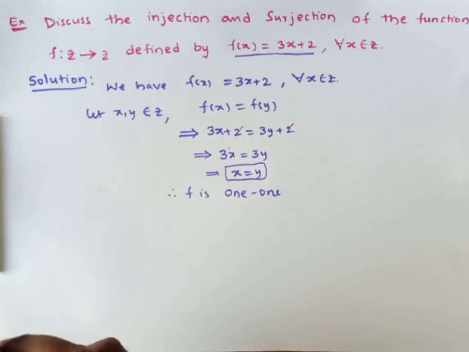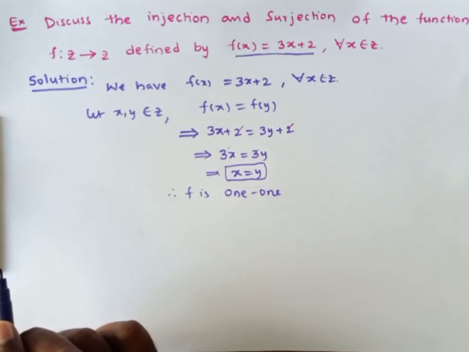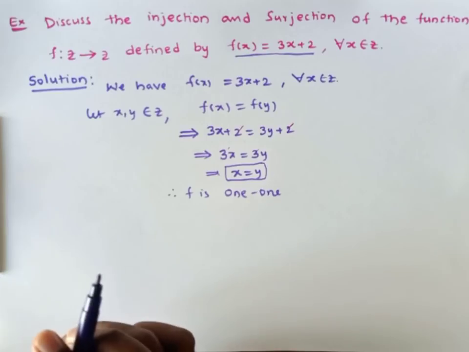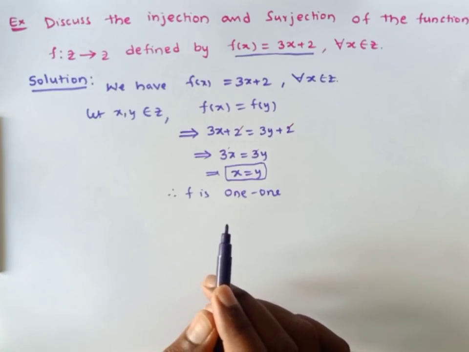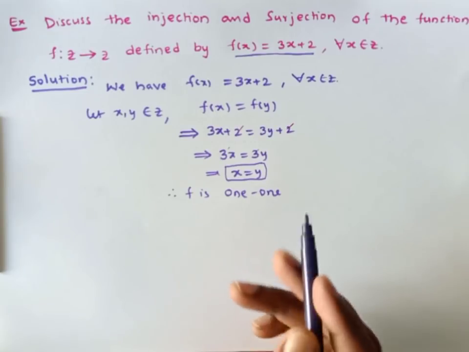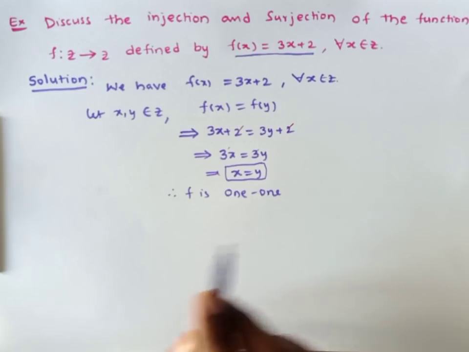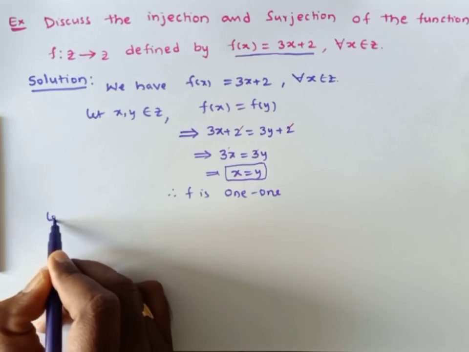Next, for onto. What is the onto definition? For any element y in the codomain, there exists an element x in the domain such that f of x equals y. So let us consider a number in the codomain.